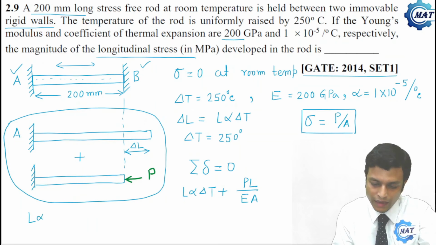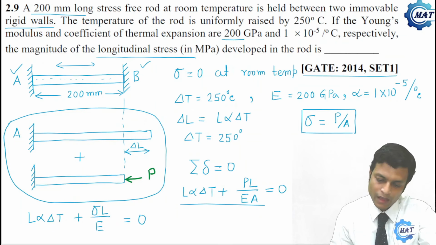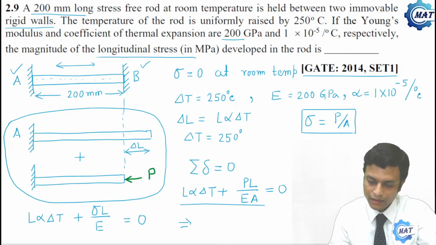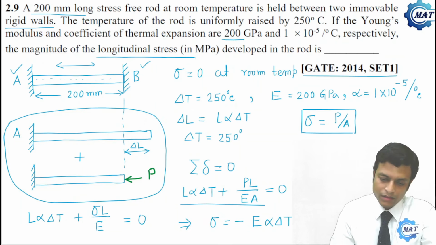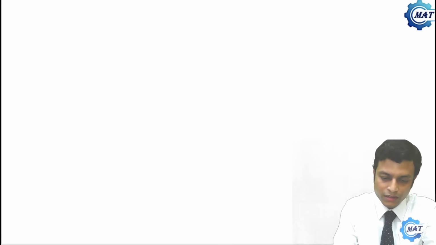So we can write L alpha delta T plus P by A, which is sigma, so sigma L by E, equal to 0, because this is the resultant elongation. So from this we can write sigma is minus E alpha delta T. So we got the expression sigma is minus E alpha delta T.